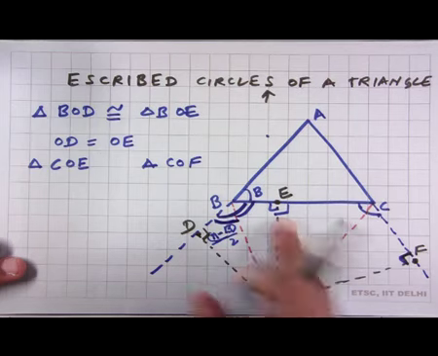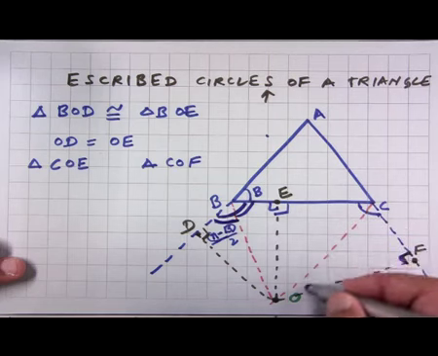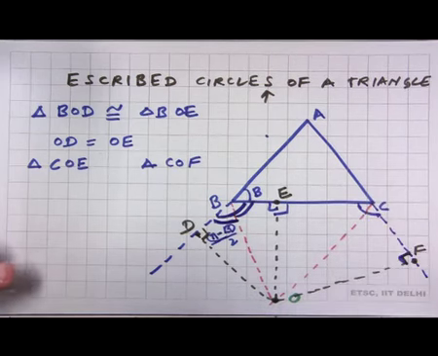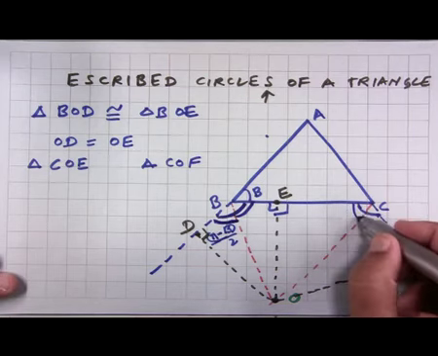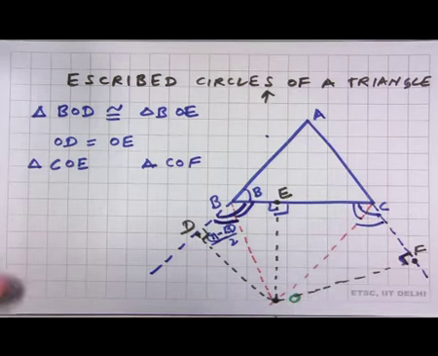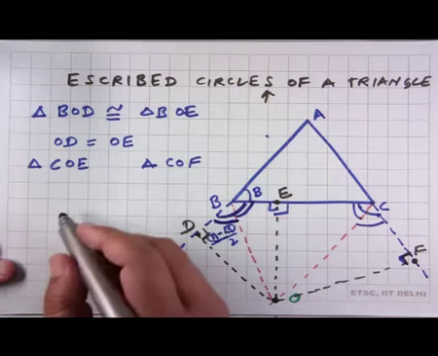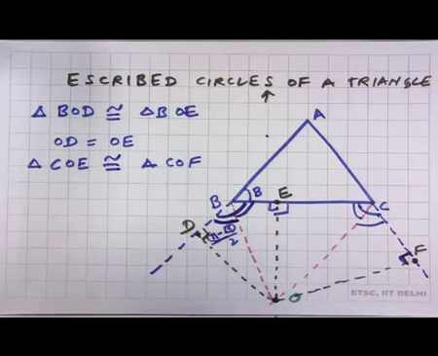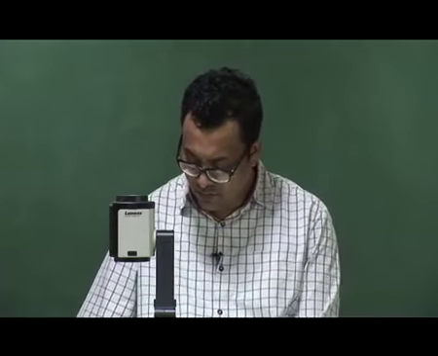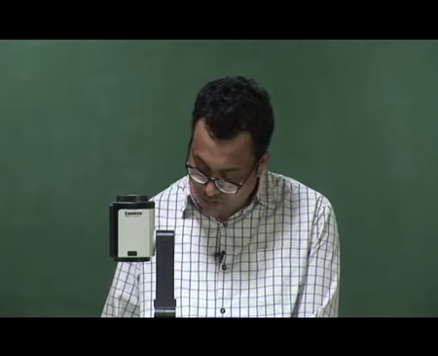So, these two angles are equal, and since this red dotted line is an angular bisector of the exterior angle C, it also follows that this angle and this angle are also equal, and therefore, just like before, triangle COE is congruent to the other triangle COF. And because they are congruent, it follows that OE is equal to OF.